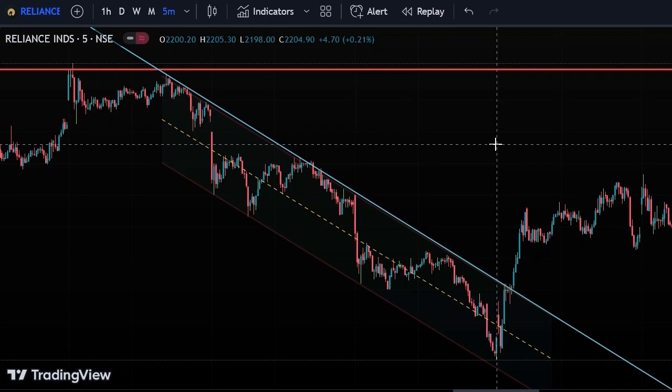The biggest problem for intraday traders is that they have to wait a long time to get a good setup according to their levels, because the gap between support and resistance levels is huge, and sometimes they have to wait for many days for the price to reach their levels.